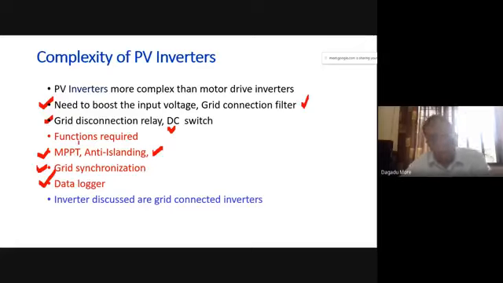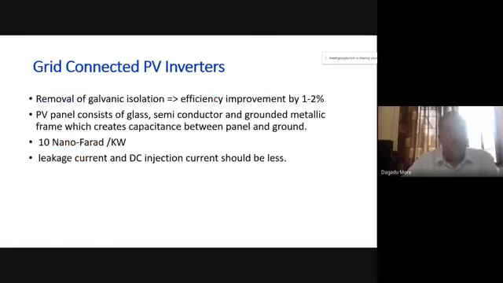So these are the functions required for PV inverters as compared to a motor drive inverter. MPPT, anti-islanding, grid synchronization and data logger are not required in motor drive inverters, whereas these operations are required in a solar PV inverter, and definitely the PV inverter is more complex than a motor drive inverter.